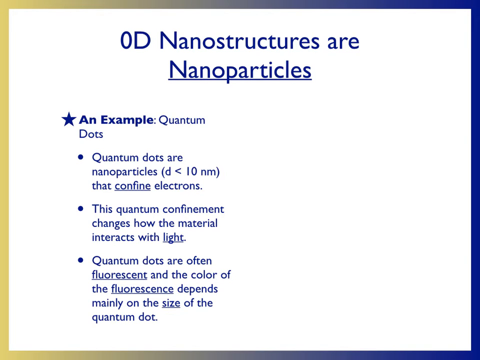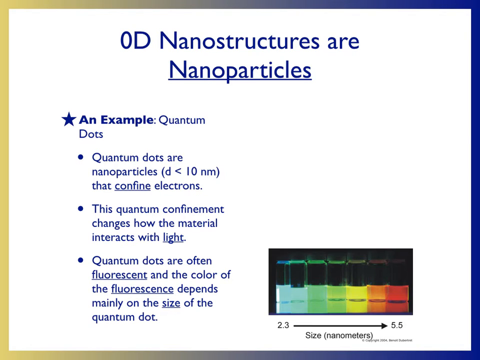For a quantum dot, this fluorescence depends on the size of the quantum dot. Below is a picture of quantum dot solutions ranging from 2.3 nanometers to 5.5 nanometers. As you notice, the fluorescence color shifts from a light blue to a dark red.